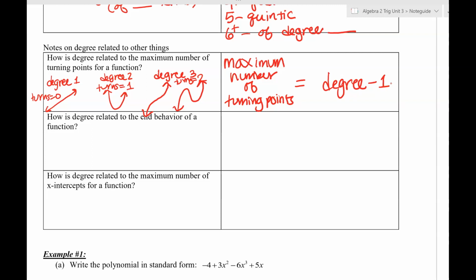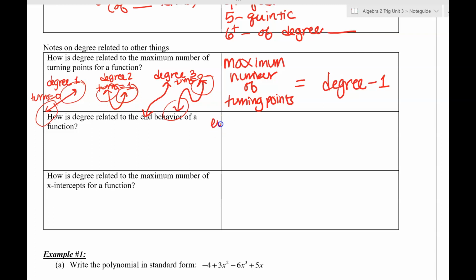How is the degree related to the end behavior? So hopefully you guys saw, and I'll just use what I have here, that when the degree was odd, the ends went in different directions, whereas when the degree was even, the ends went in the same direction.